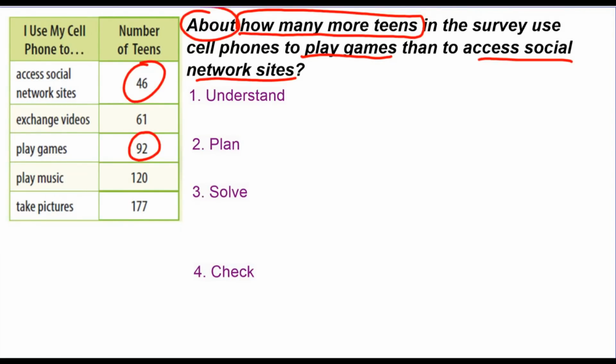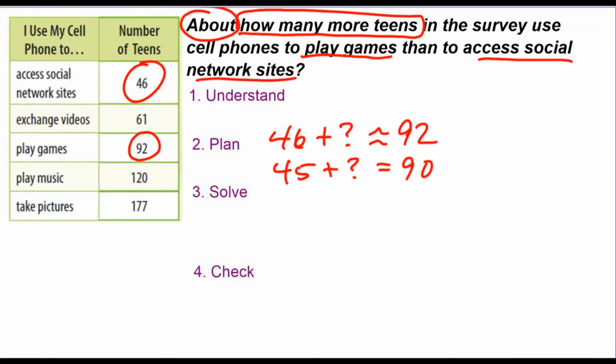So here I'm thinking 46 plus what is going to get me close to 92. And again, we're looking for an estimate here. You probably could find the exact answer just as easily, but we're going to estimate. So I'm going to estimate this to be 45 plus what is going to give me 90.